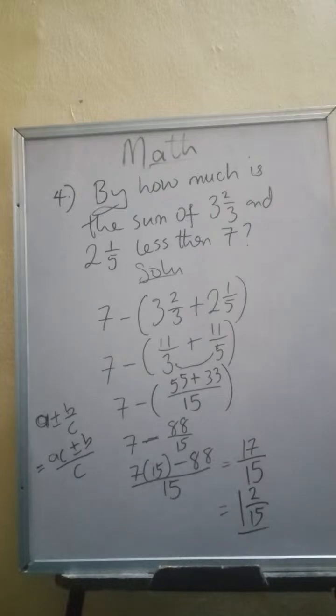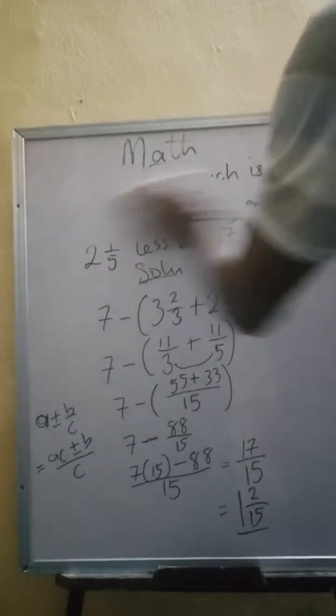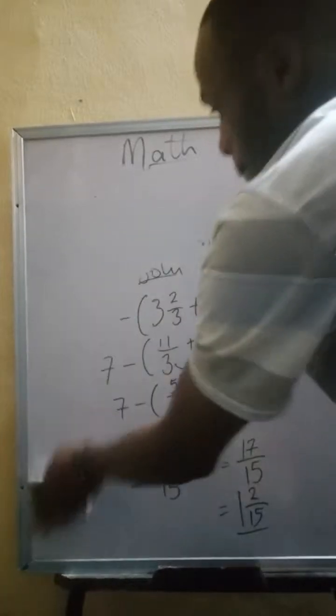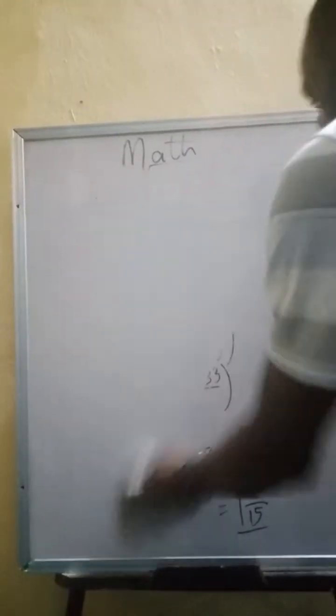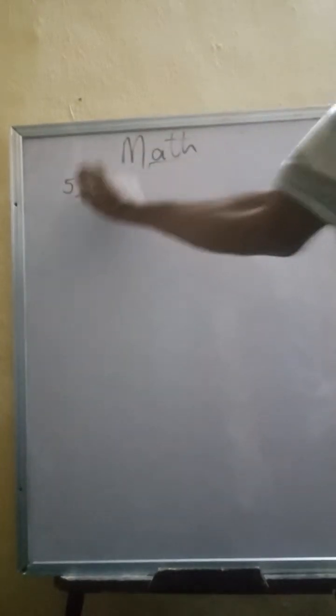Now the next question, which is number 5. It says a trapezium PQRS is such that PQ is parallel to RS and the perpendicular from P to RS is 40 cm.